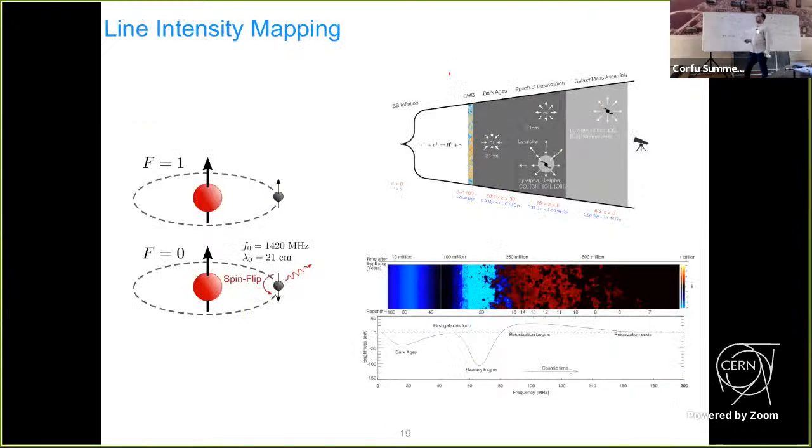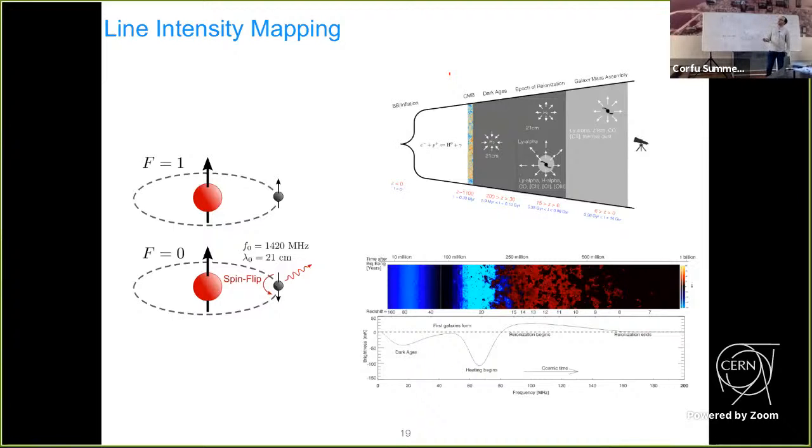And the final part of the talk is going to be about line intensity mapping for tests of cosmology. So basically, we have the 21 centimeter transition of neutral hydrogen. There are several transition lines that you can see in this map, also with carbon monoxide and others, but the most famous one is the 21 centimeter one.